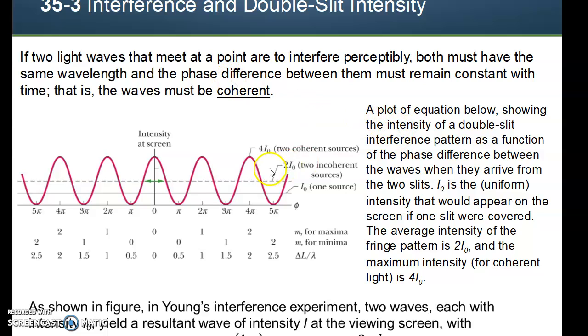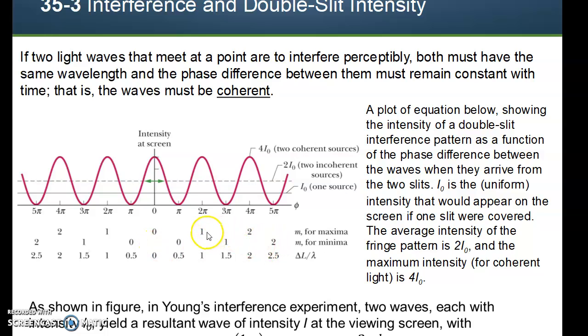That's what coherence means: same wavelength, phase difference about 0. So a plot of this equation is shown right here. And you can see m for the maximum is shown at these points right here. Here's your first maximum, your next one out for m equals 1, for m equals 2 for this maximum. Likewise going in this direction away from your center axis.